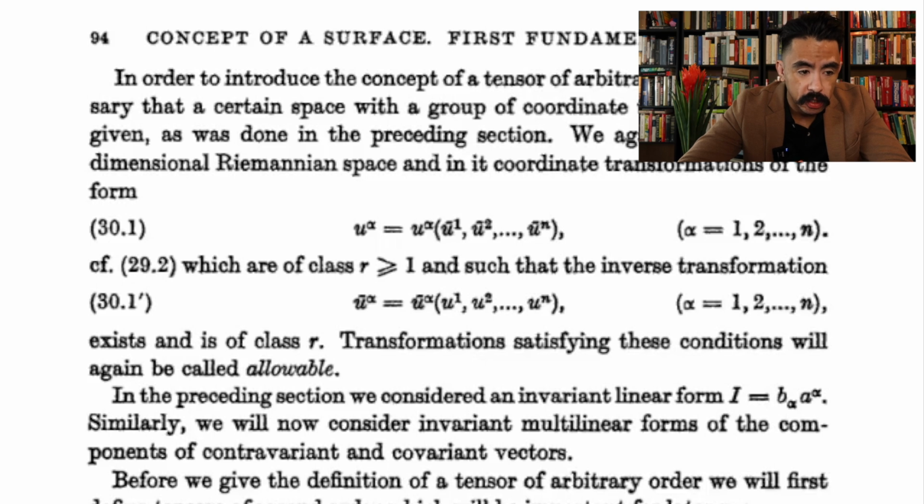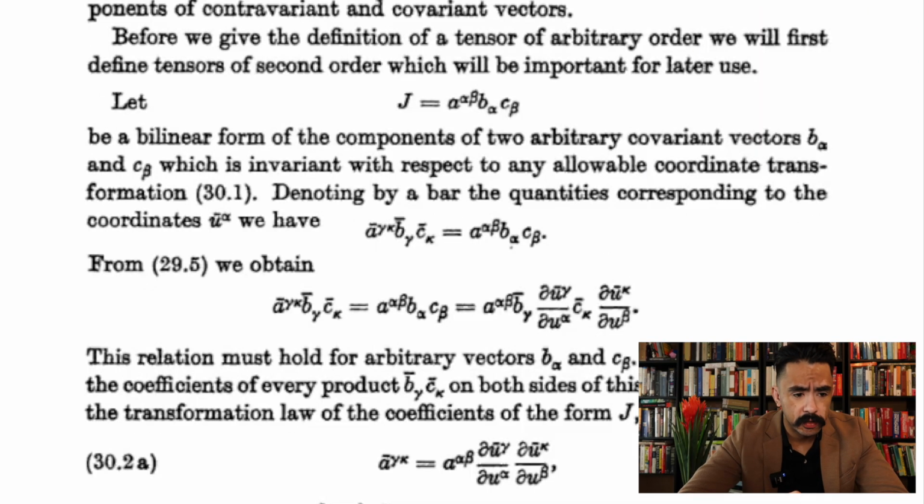Transformations satisfying these conditions will again be called allowable. In the preceding section, we considered an invariant linear form, capital I equal to b sub alpha times a alpha. Similarly, we will now consider invariant multilinear forms of the components of contravariant and covariant vectors. Before we give a definition of a tensor of arbitrary order, we will first define tensors of second order, which will be important for later use.